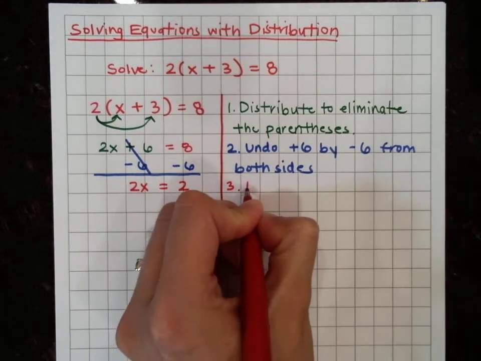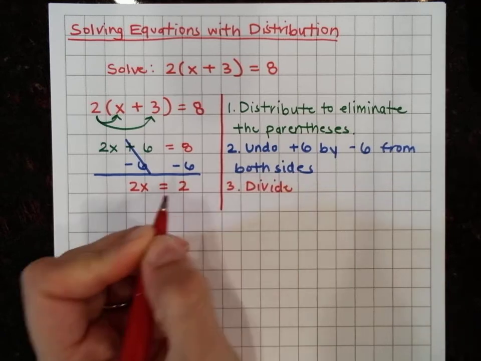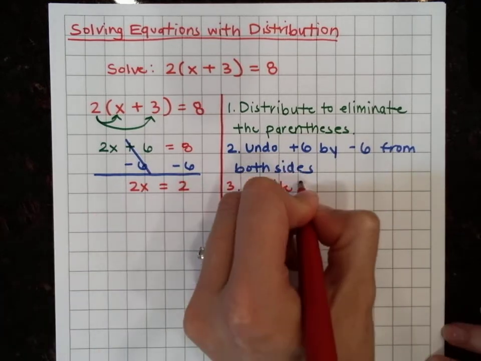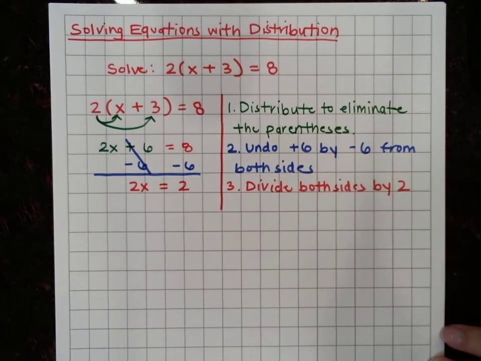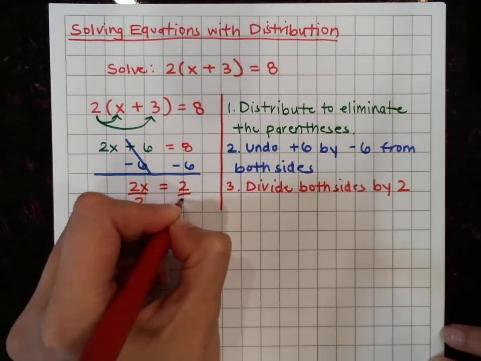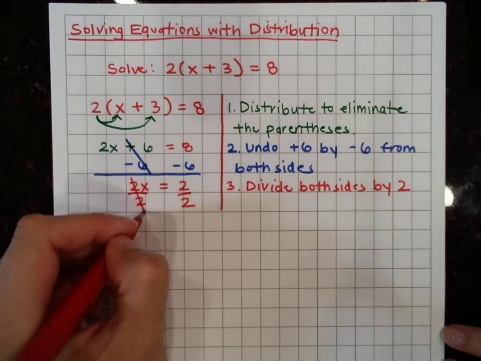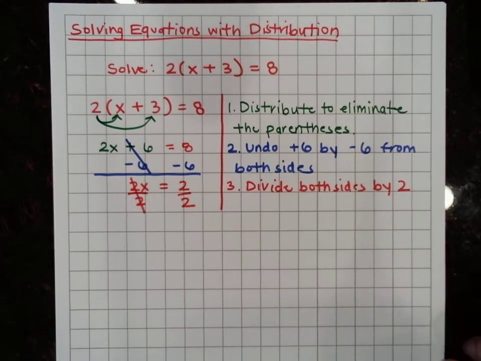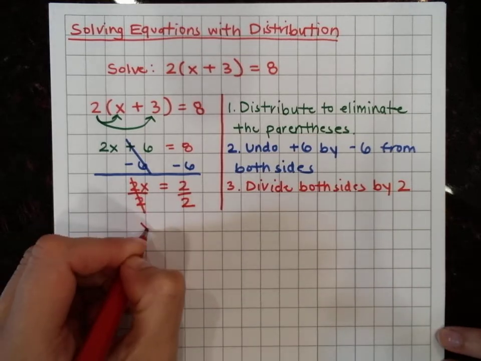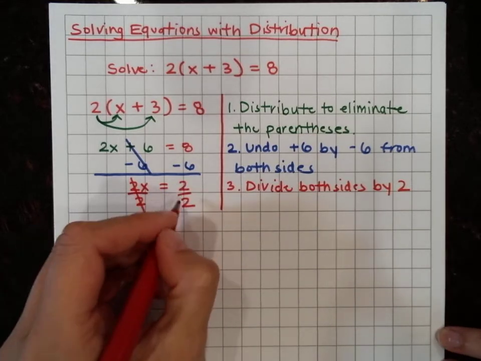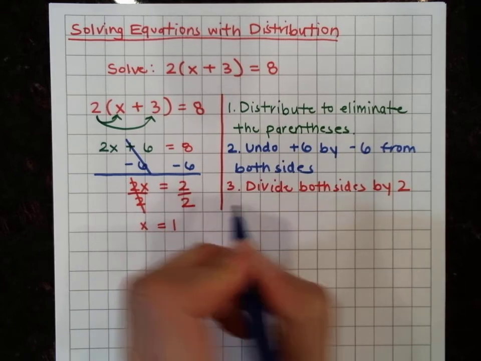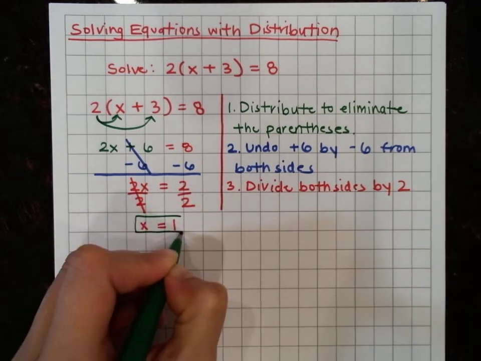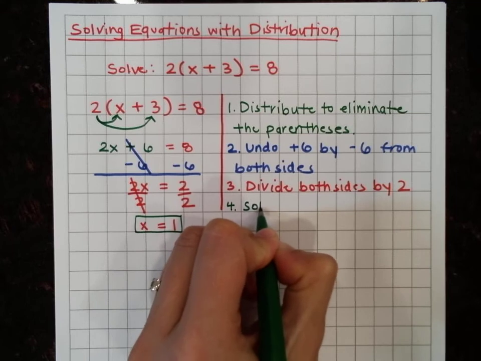So we're going to divide both sides by 2, because then those 2's cancel out, leaving us with x equals 2 divided by 2, which is 1. And so that last step was we just solved for x.